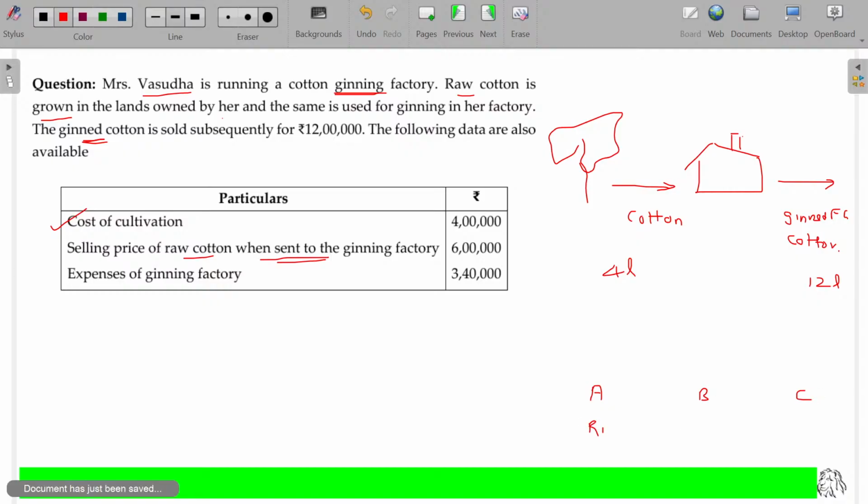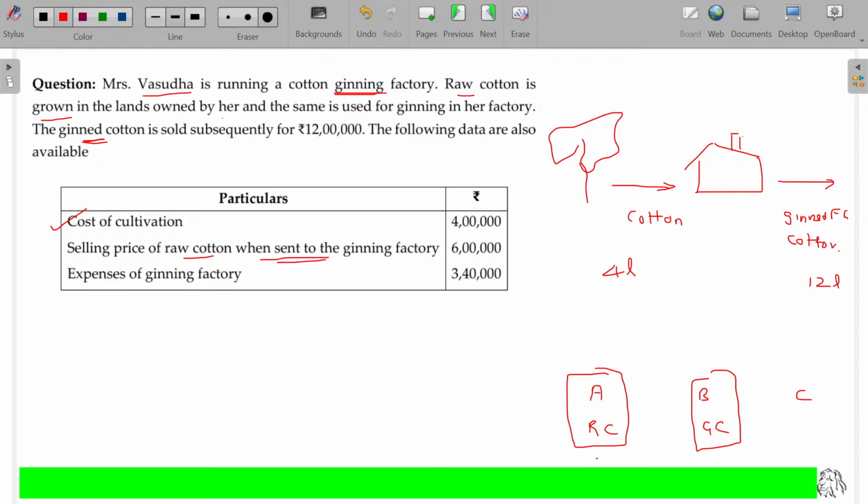A is processing raw cotton, B is processing ginned cotton. A plants and harvests only the raw cotton; this is an agricultural activity. The raw cotton is converted into ginned, processed cotton, which could later be used for making thread, weaving into cloth and ready-made garments. The moment the raw cotton is ginned, it's called a manufacturing activity.